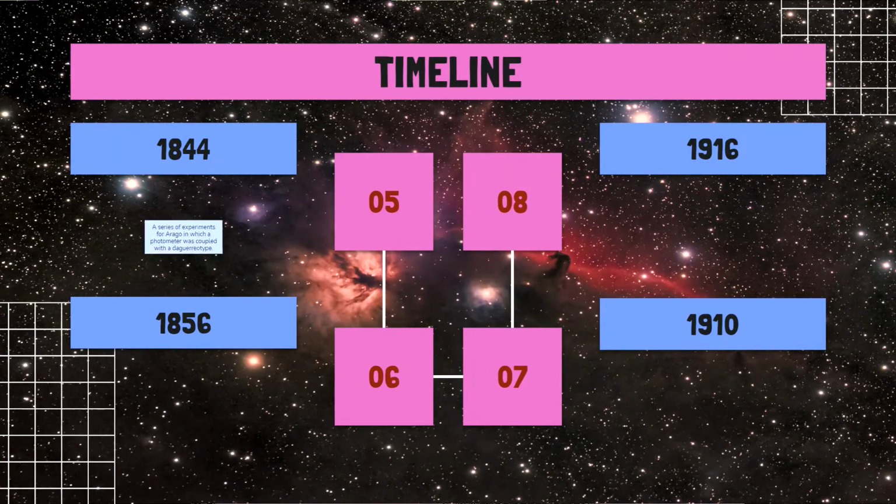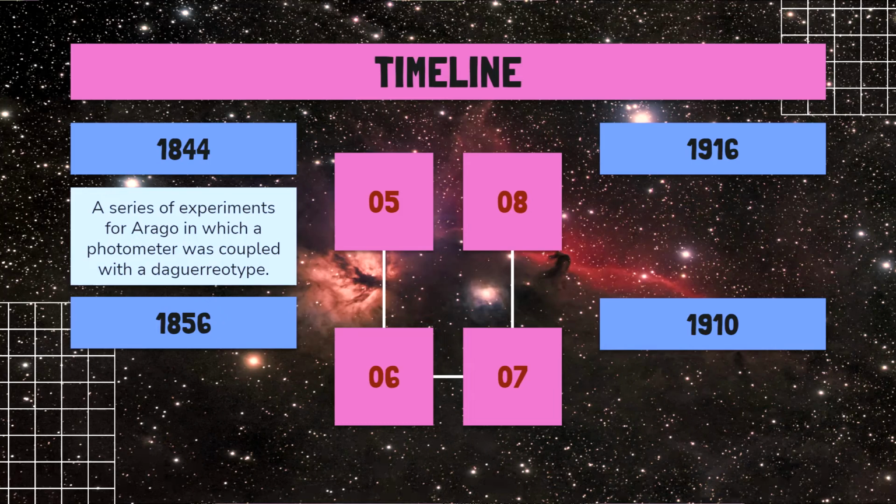Next, in 1844, a series of experiments by Arago, in which a photometer was coupled with a daguerreotype, was conducted by French physicists Jean-Bernard Léon Foucault and Armand Hippolyte-Louis Fizeau. It took until 1885 for photographic plates to be systematically used in photometry.